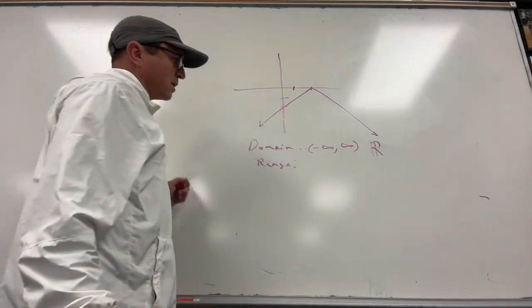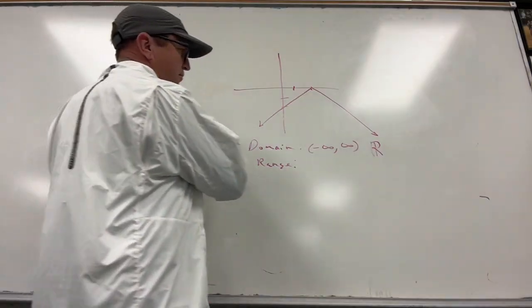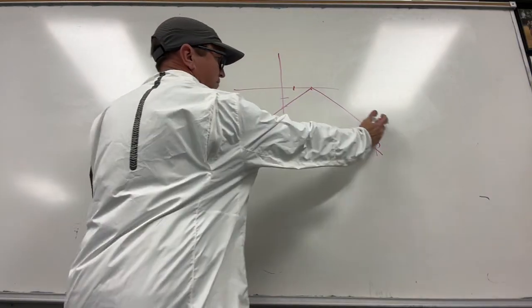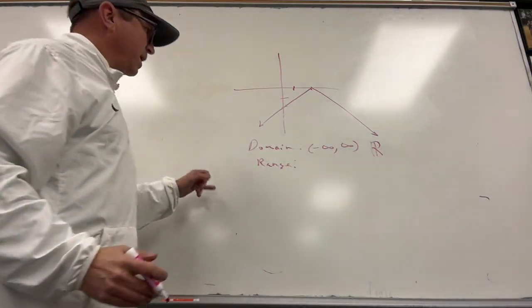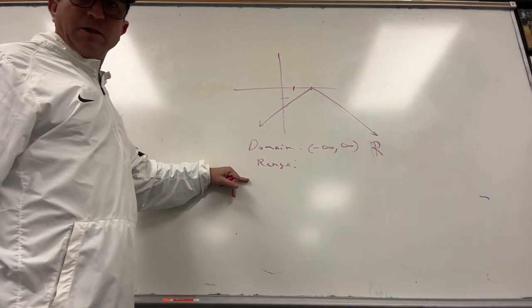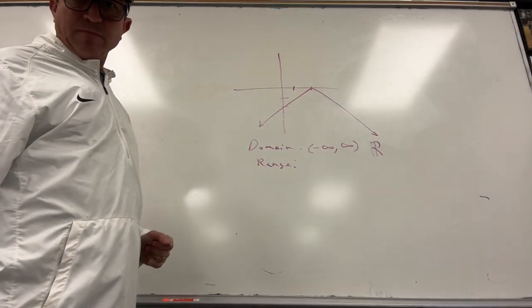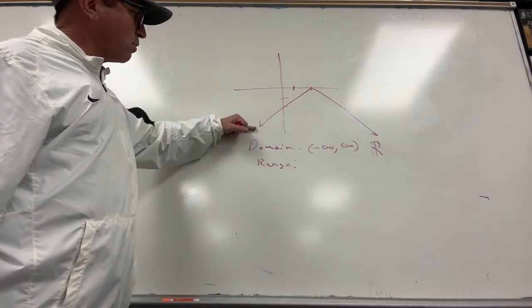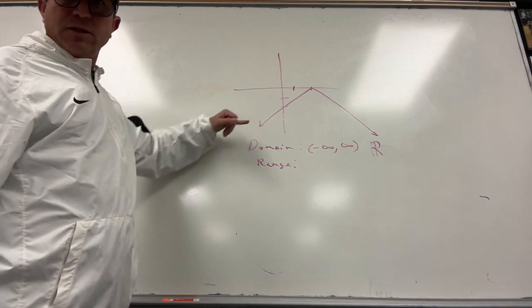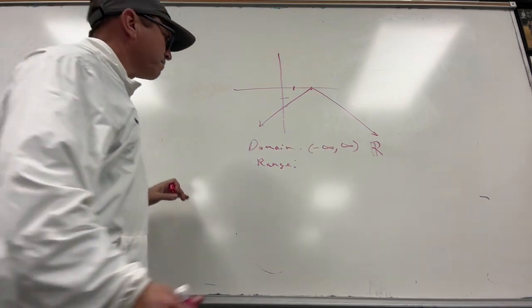For the range, typically you read left to right for the domain. But the big thing about range is, you don't read top to bottom, you read bottom to top, because you want to start with the lower values and work your way up to the higher values. So for this, the lowest value, we said it was going to the left forever, but it's also going down forever.